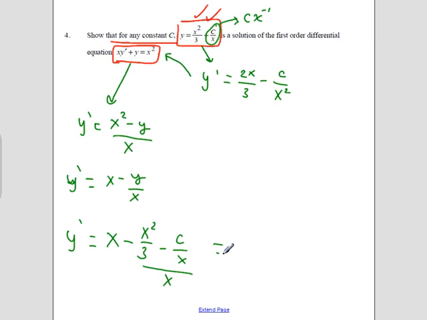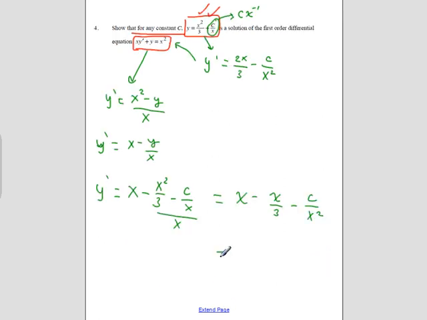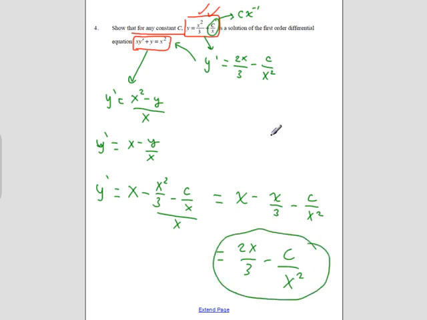And that simplifies to x minus x over 3 minus c over x squared, just distributing that x to here and to here. And this simplifies to 2x over 3 minus c over x squared, which is exactly the same thing that we had here.